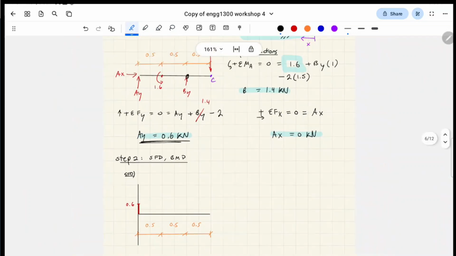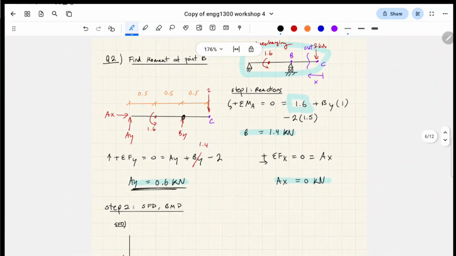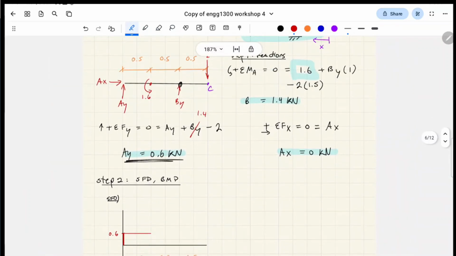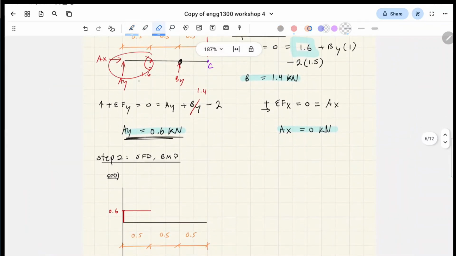All right, and now, previously the shear force diagrams we've seen have had a uniformly distributed load acting on it, right? But if there's no uniformly distributed load acting on it, the shear force diagram doesn't move up and down. So it's actually flat here, because from here to here, there's no uniformly distributed load.